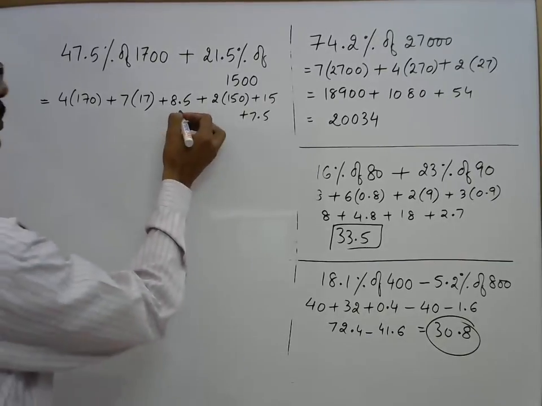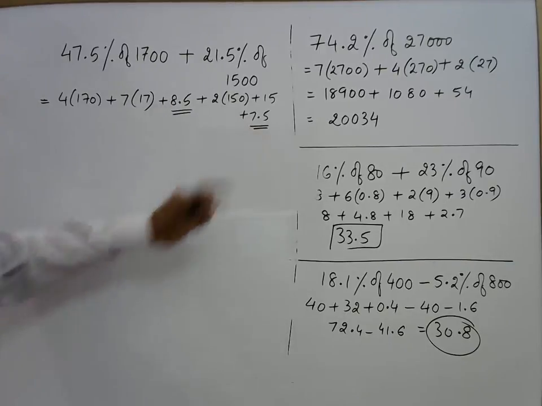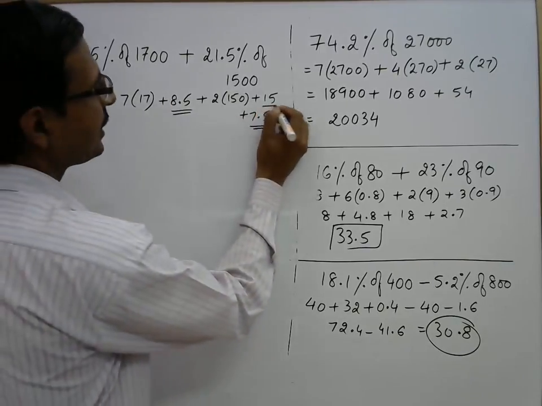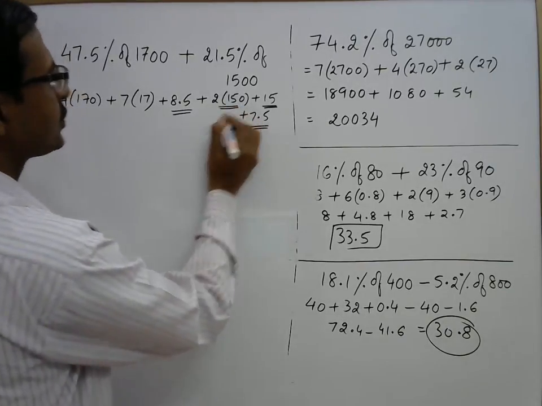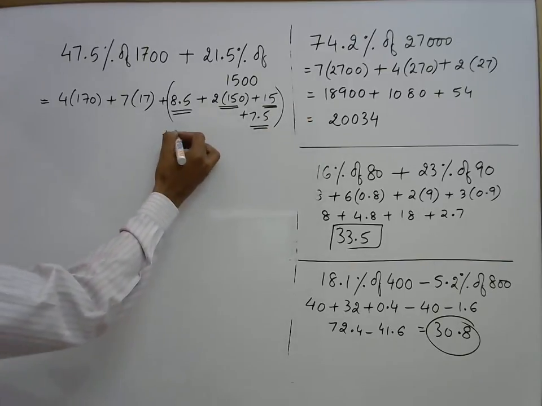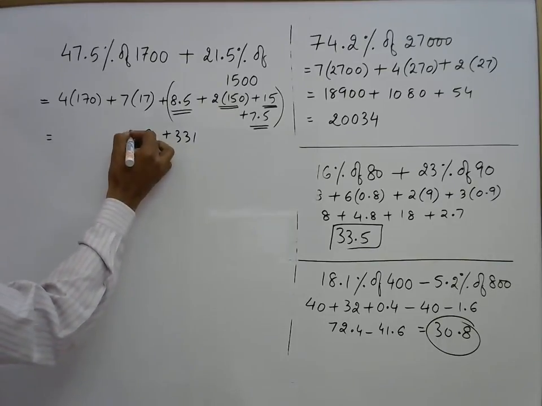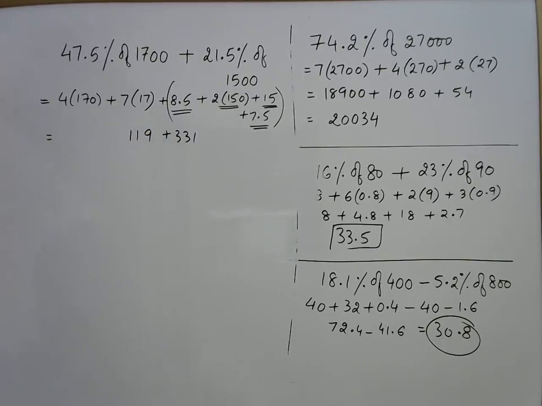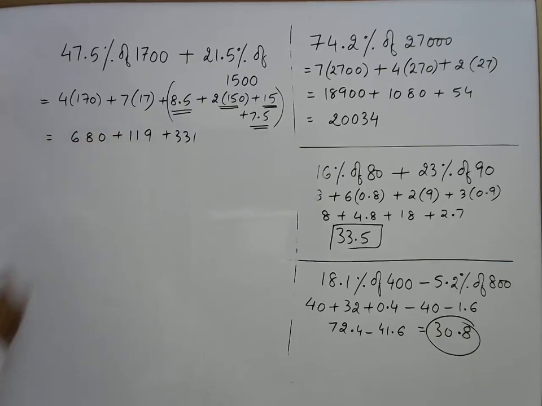Now if you add these two, 7.5 and 8.5, they become 16. 16 plus 15 is 31. This is 300, so everything becomes 331. So now you can have the remaining numbers. So 17 into 7 is 119 and 0, 680.